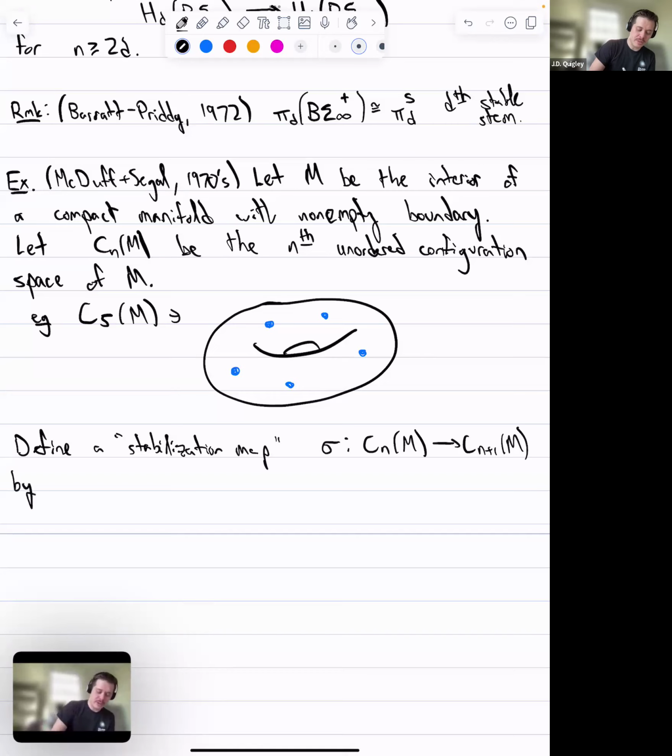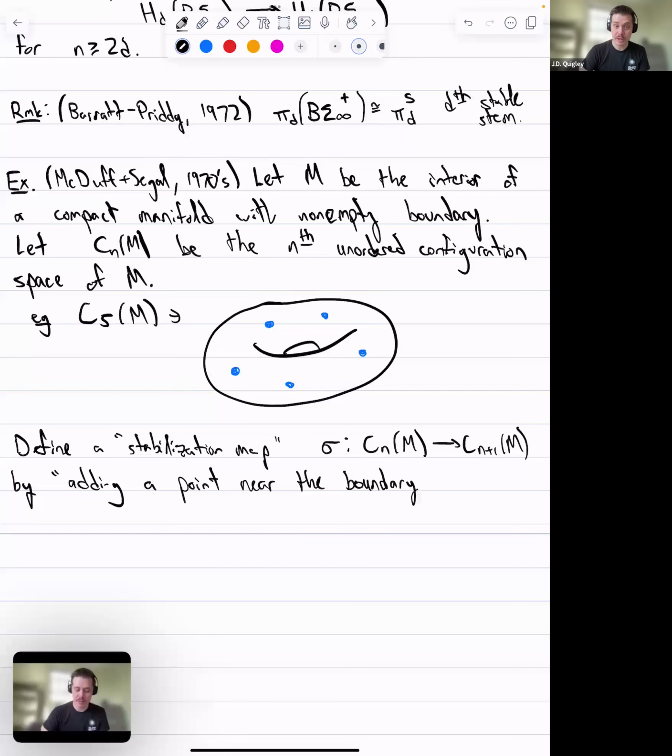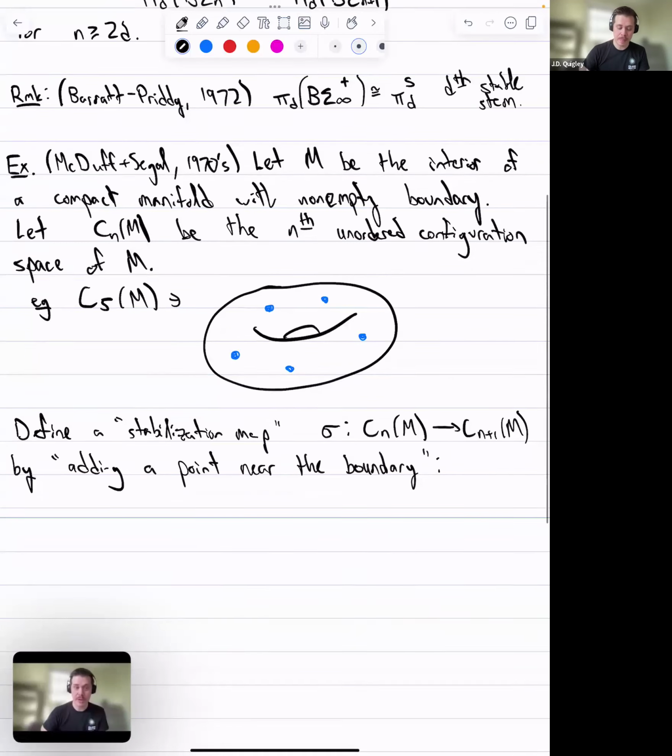So roughly speaking, what I'm going to do is add a point near the boundary. And this is where that sort of weird hypothesis on M is going to show up. It's so I can define this stabilization map.